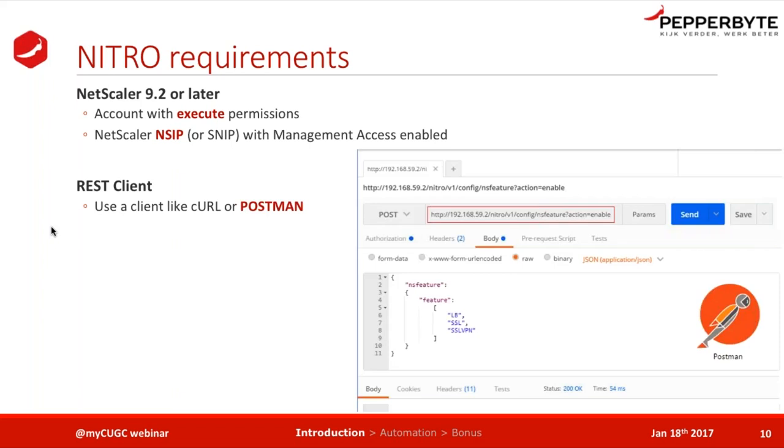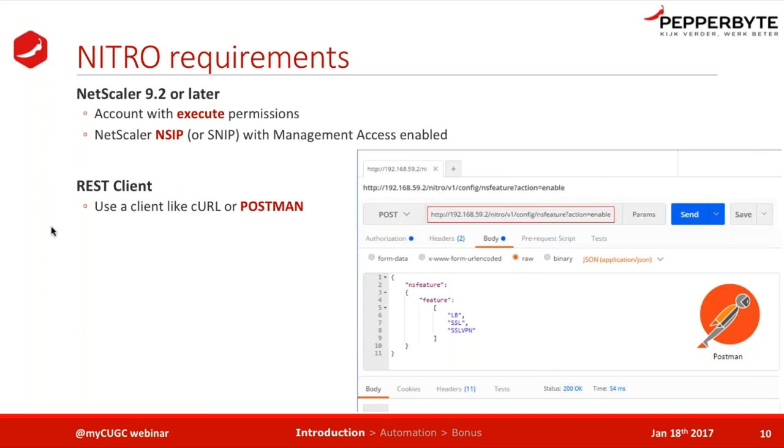And if we are talking about NITRO requirements, as I mentioned, it's based upon a client-server architecture, which means that even though the NITRO services are running on the server side, in this case the NetScaler, I still need a client to communicate with NITRO.